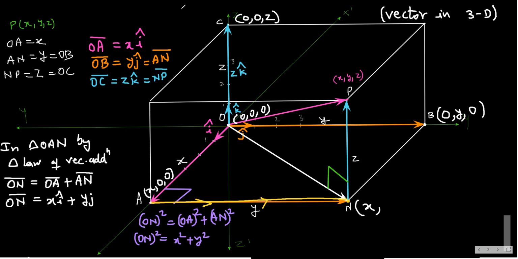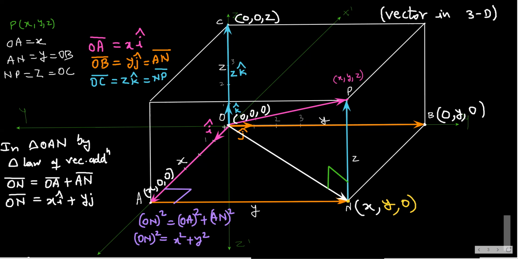You check this. Along y-axis it is positive y, and along z-axis it is 0. Why? Because this point N is in xy plane. You check this. The point N is in xy plane.